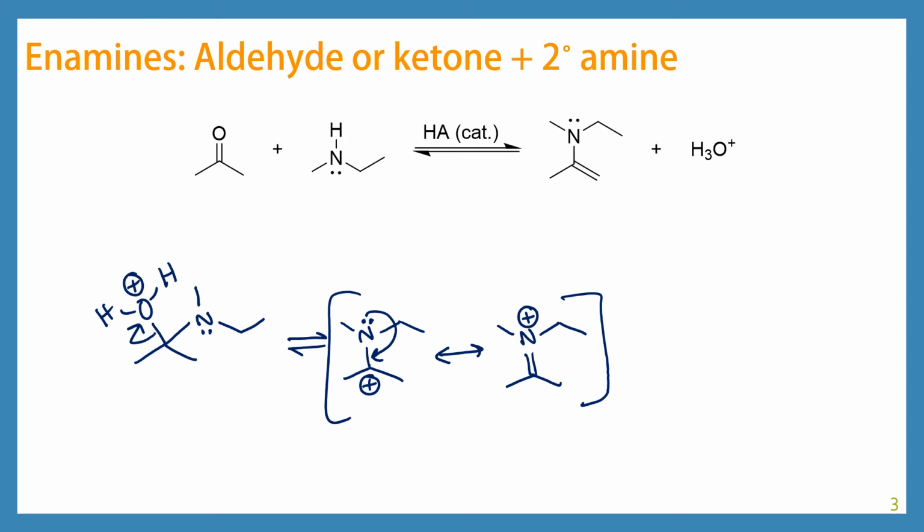So what we do instead is deprotonate from the beta carbon. We can pull off that last proton, and that allows us to push electrons up towards the nitrogen. So that is the only difference in these two mechanisms here. They both still make it to the iminium ion, but the next step is just deprotonating from a different location.